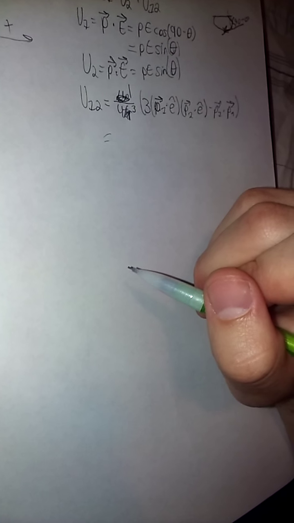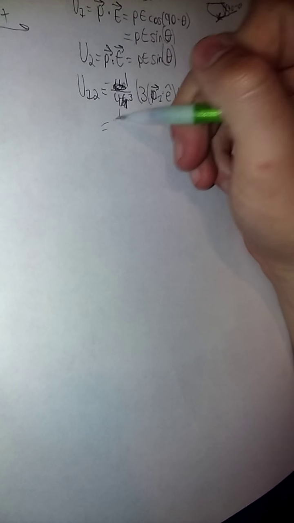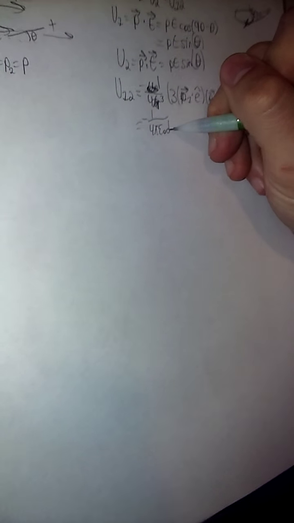Oh, there's a negative sign in front of this, negative 1 over 4 pi epsilon naught. These are distance d apart.